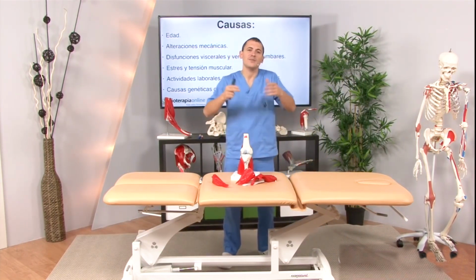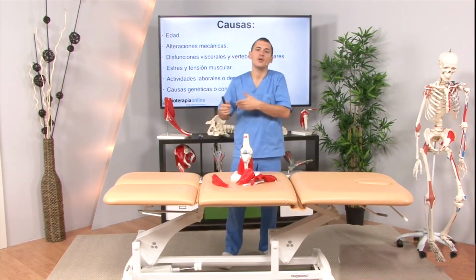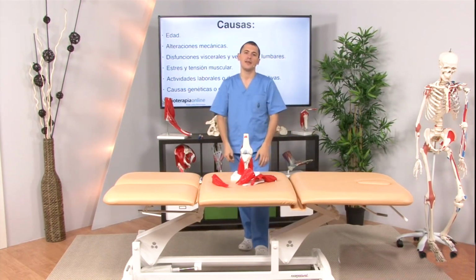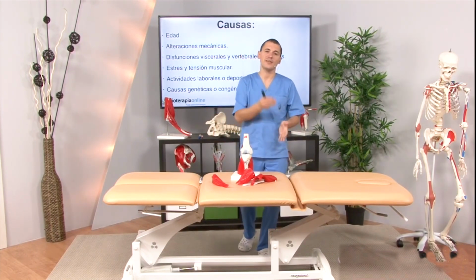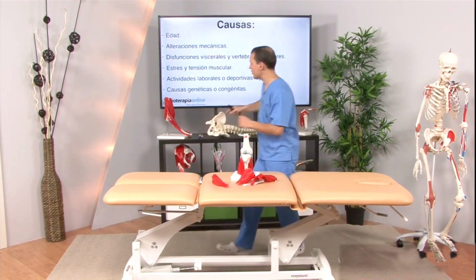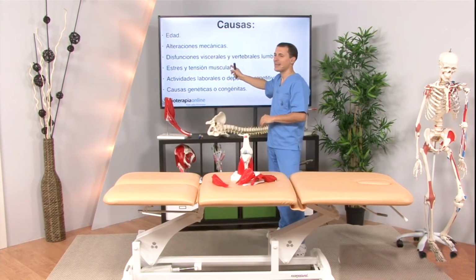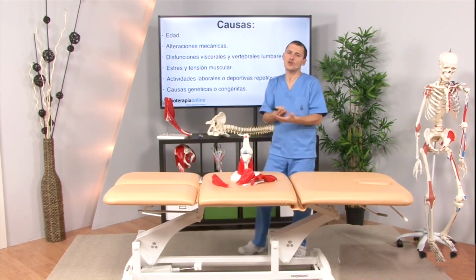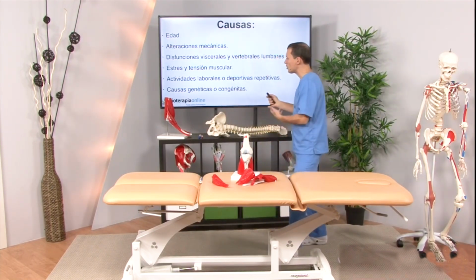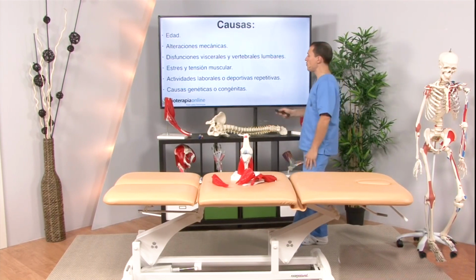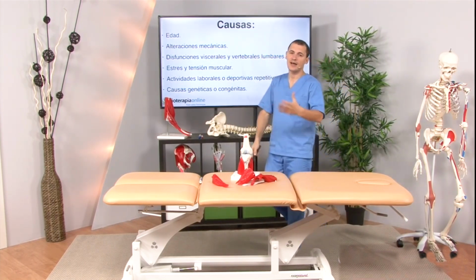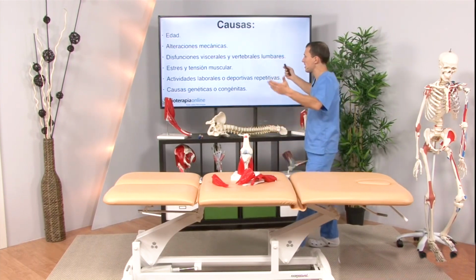Personally, I think that if we always blame something that cannot be solved, when we have mechanical, visceral, tension, and stress-related issues that we can act on, it is not good. I mention it, but personally, it is not something that I give much weight to, except, well, if there are congenital things that can alter mechanics. If things from birth, well, they may be.